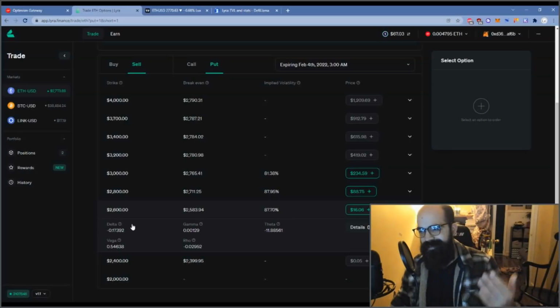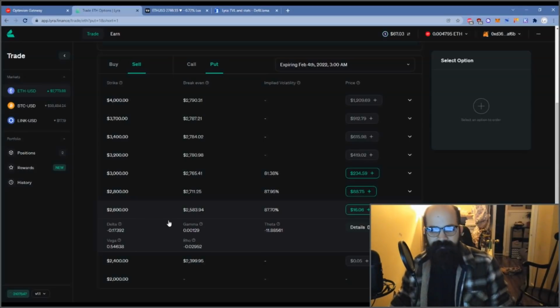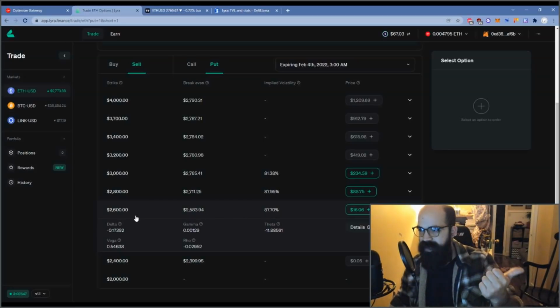So if it went down to $2,000, you could have gotten a way better deal, but you still got the Ethereum. If, however, the underlying asset, Ethereum, stays above $2,600, well, you keep your collateralized money, and of course you kept the premium. So good on you. You made a profit, and nothing happened to your underlying collateralized money.